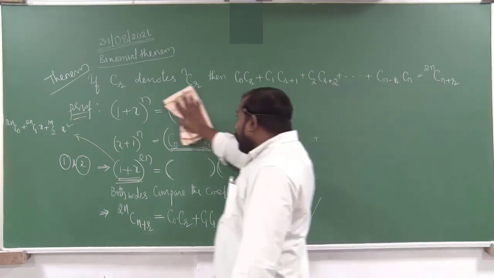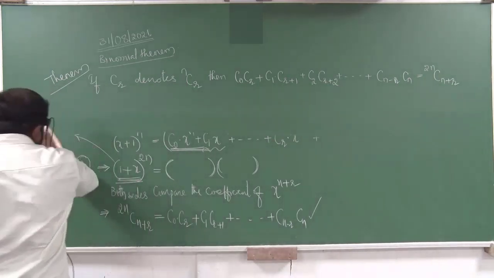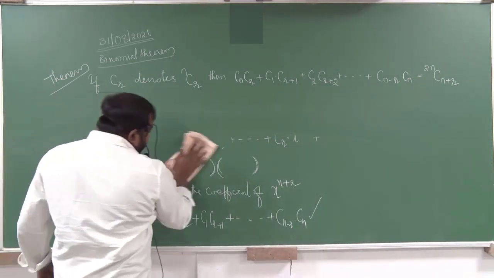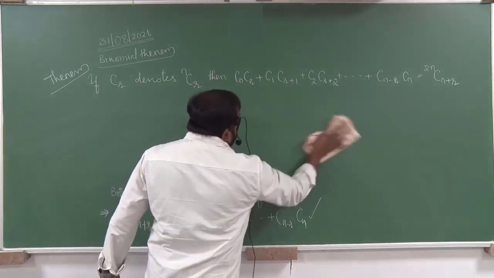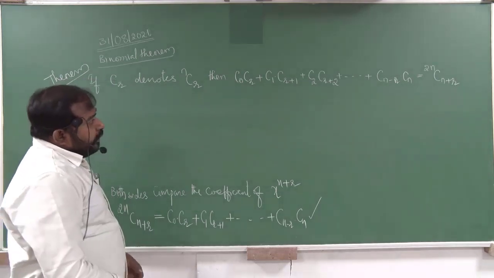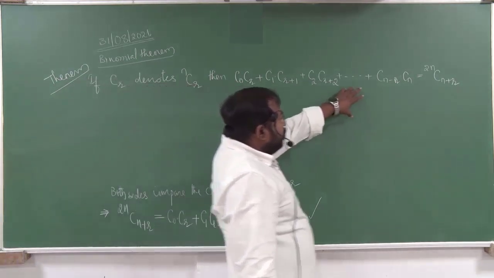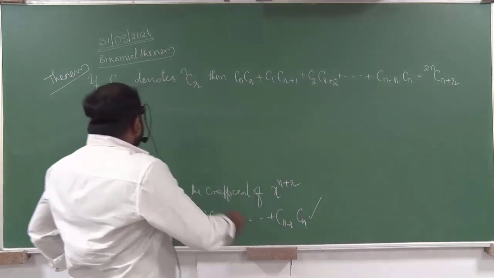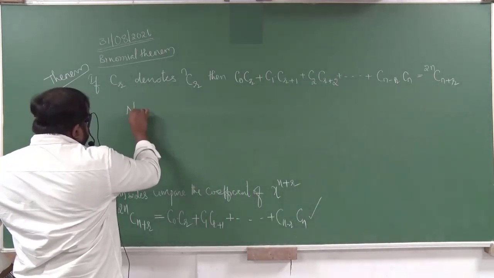Next, one more point I will explain based on this. For example, this is the basic result we just got: C0 into Cr plus C1 into Cr plus 1 up to so on equals this value. Next point, ma.